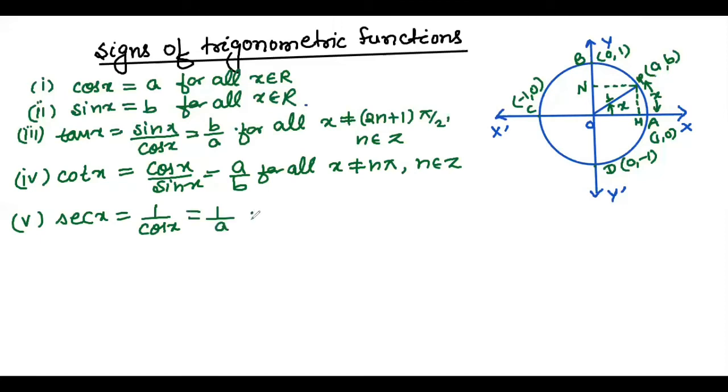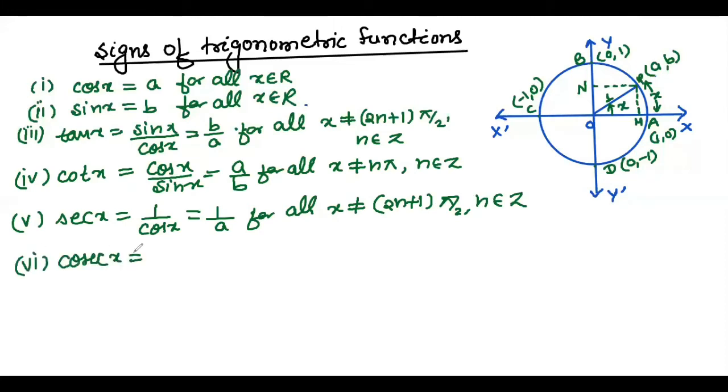So 1 by a for all x not equals to (2n+1) pi by 2, where n belongs to integers. And last one, that is cosec x. Cosec x we can write as 1 by sin x, and sin x we have considered as b, so 1 by b for all x not equals to n pi, where n belongs to integers.